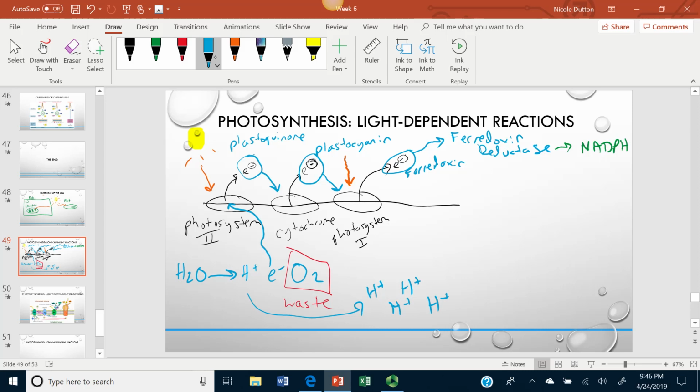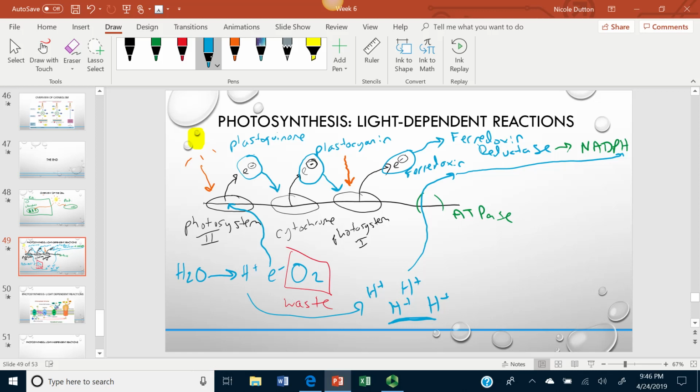We can't have accumulating hydrogens. We just learned about what happens when hydrogens accumulate. An acid is produced. So we have to get rid of them. Well, we're going to get rid of them in the exact same way, using the exact same transporter as we did in the electron transport chain. ATP synthase. And these hydrogens now are going to flow through ATPase. And these are the hydrogens that are going to be supplied to NADP to make NADPH.